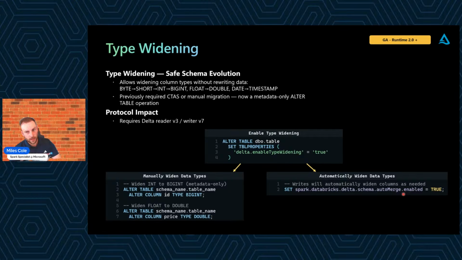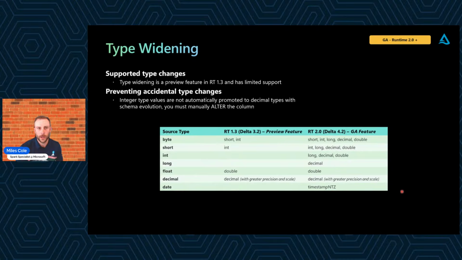And if type widening is also enabled, if you insert a really big integer value into a column that is a tinyint, it will work just fine. No schema failure. It automatically upgrades the column to be that wider type. So very exciting capability here in Delta 4.